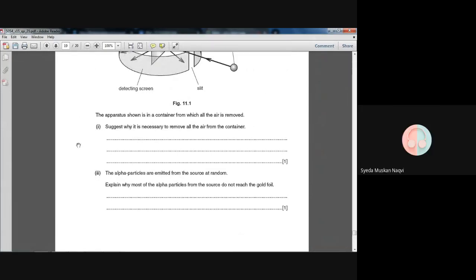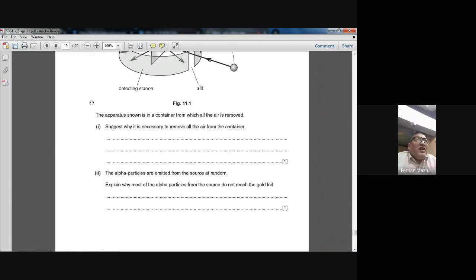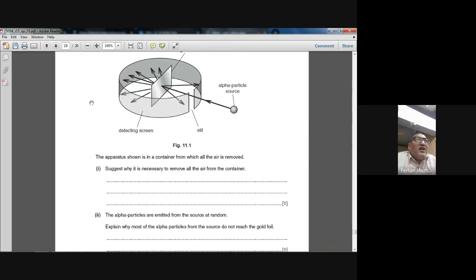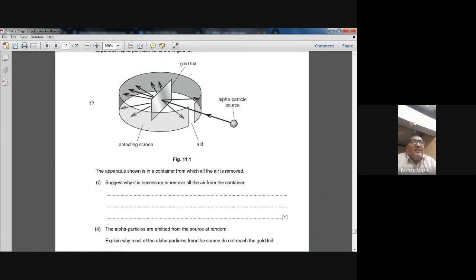Done, sir. The question says the alpha particles are emitted from the source at random. Explain why most of the alpha particles from the source do not reach the gold foil. The reason is they are emitted in all directions. But the slit in the detecting screen around the gold foil is a very small slit.